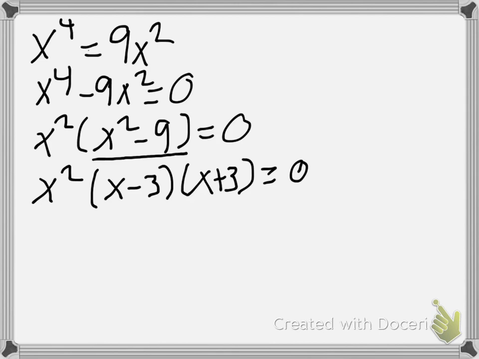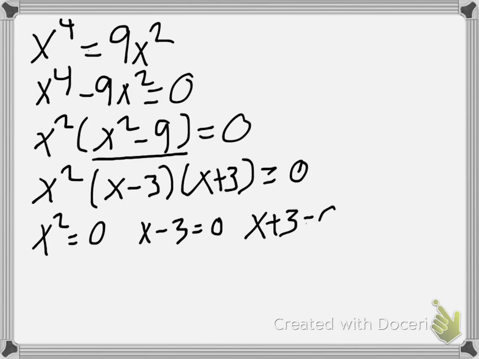And just like you've always done before, solve every single one of them. x squared equals 0, x minus 3 equals 0, x plus 3 equals 0. So what do I have here? Well, I take the square root, so I get x equals plus or minus 0.